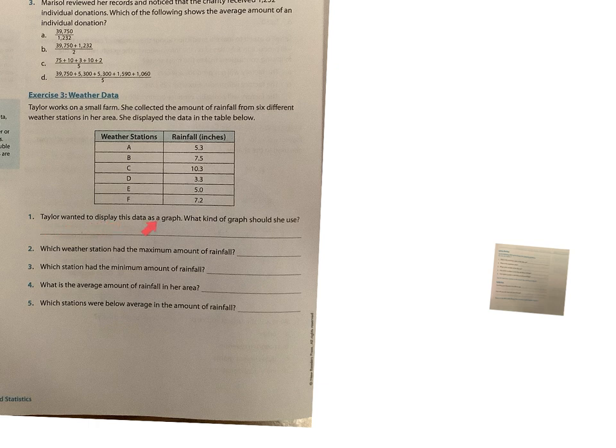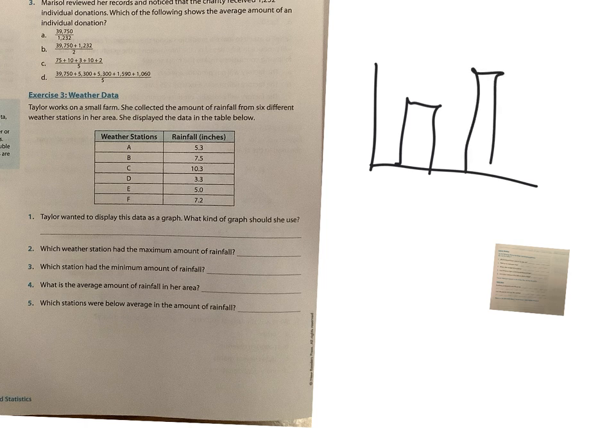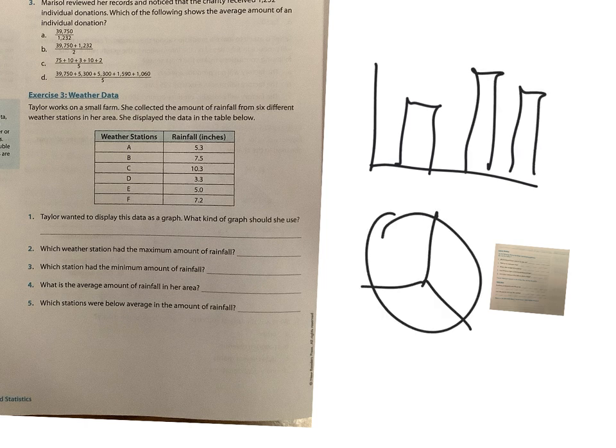So Taylor wanted to display the data as a graph. What kind of graph should she use? So you have a choice of a bar graph like this, or a circle graph with different parts there. So which would have been the better way to display the data, a circle graph or a bar graph?